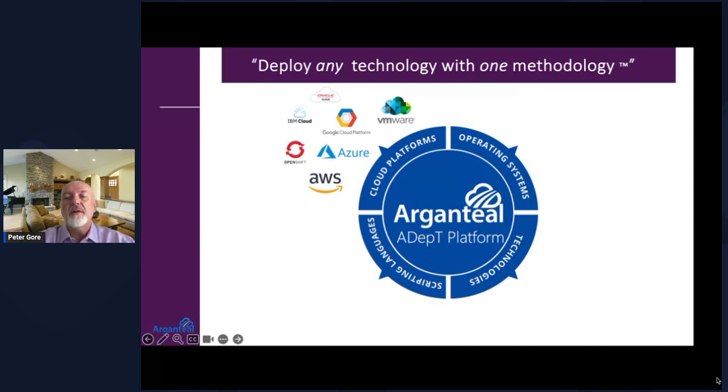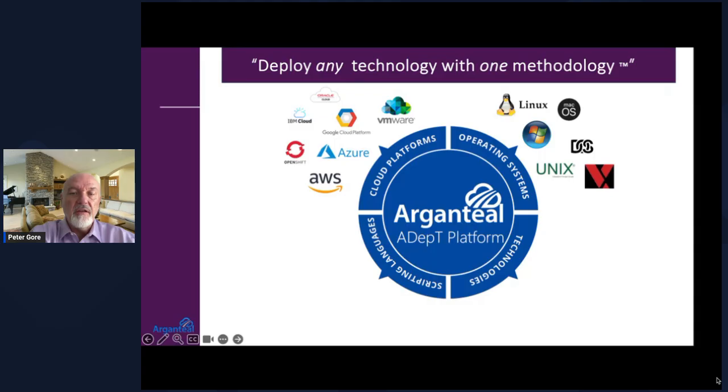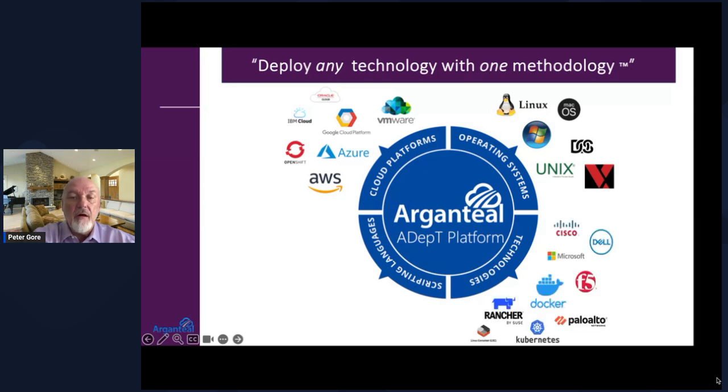Okay, so what I want to do is talk about Adept for a few seconds. So the platform, an orchestration platform, we did coin the phrase to deploy any technology with one methodology. As you can see, we cover a multitude of different cloud platforms, a lot of the common ones that are out there, all the different operating systems that you're aware of that you could potentially be running inside your environment, and a multitude of different technologies, right?